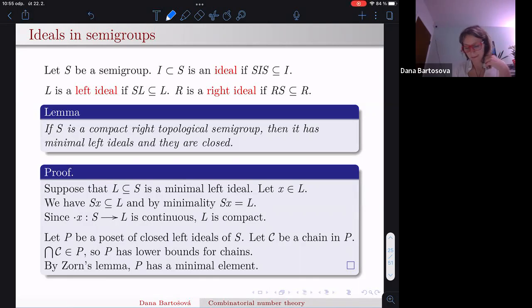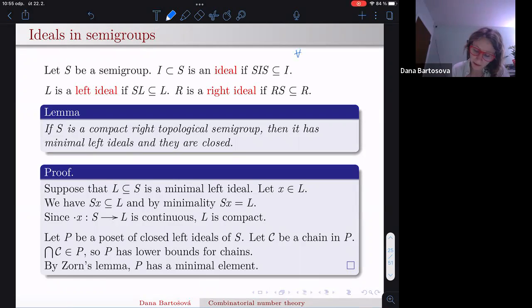So in any semigroup, I can talk about ideals. This is a notion that you can equate to thinking of normal subgroups. An ideal in a semigroup is something that is itself a subsemigroup, but also no matter what element from S you multiply it with, you will stay within it.